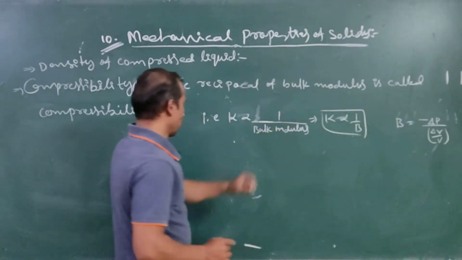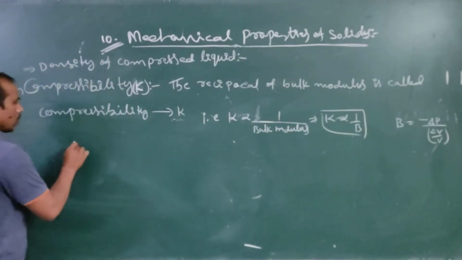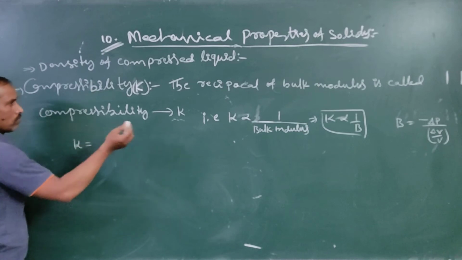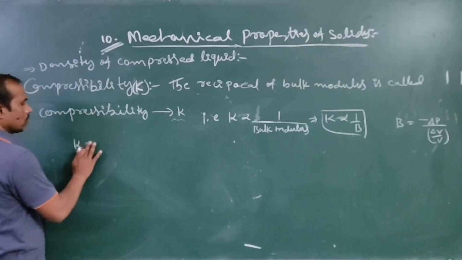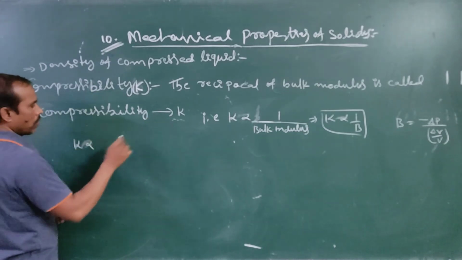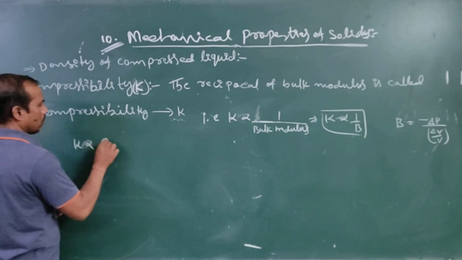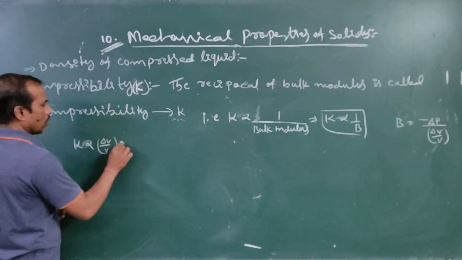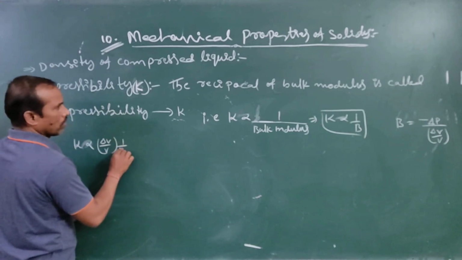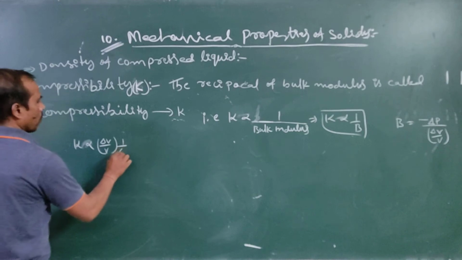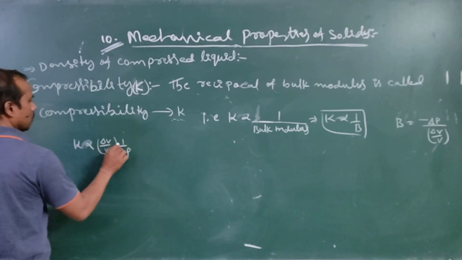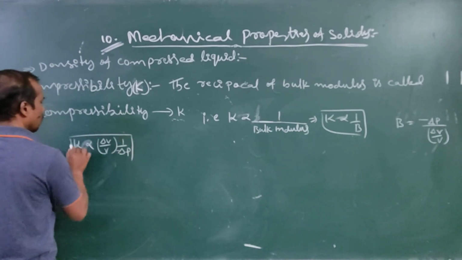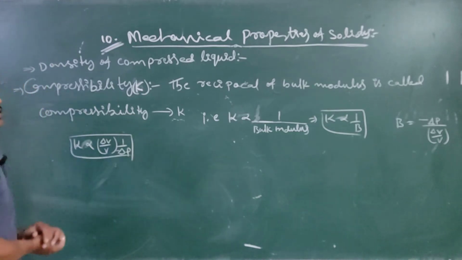Now K is equal to the reciprocal, just reversed. That means delta V by V times 1 by delta P. This is the formula of compressibility.